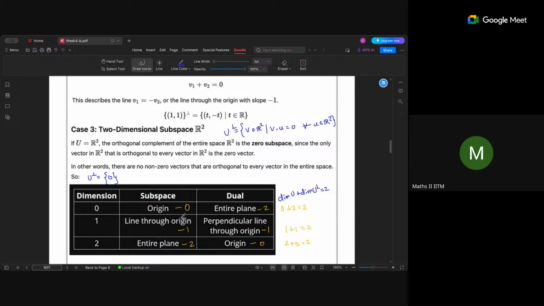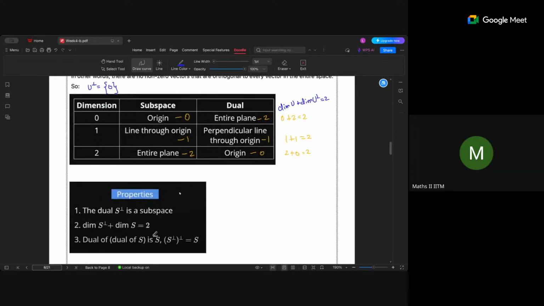And with a line, the dual is a perpendicular line through origin, and the perpendicular to that line is again this line. So the dual of the dual is again the same space. So these are the properties: the dual S perp is a subspace. Dimension of S perp plus dimension of S is 2. And the dual of the dual, the whole perp, is S.